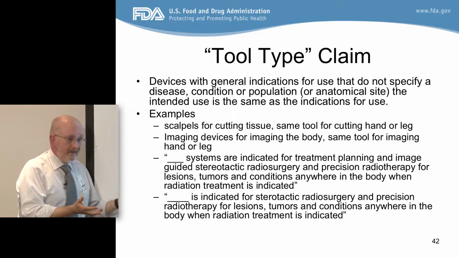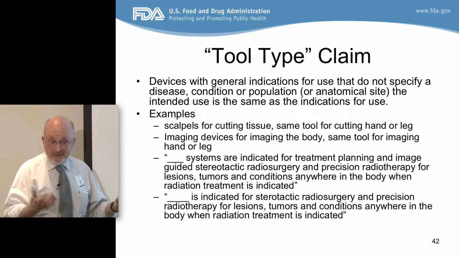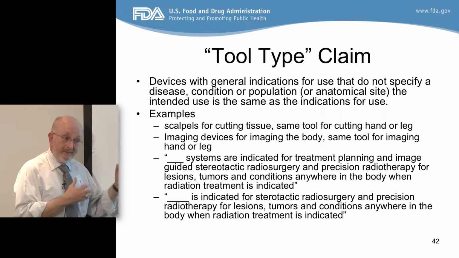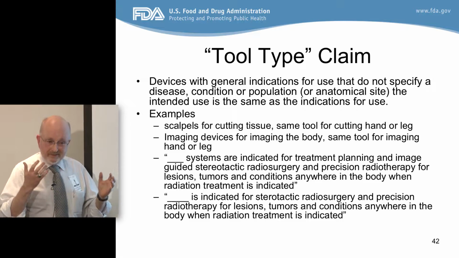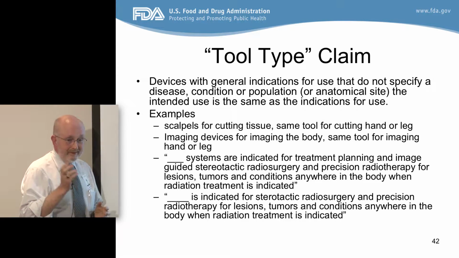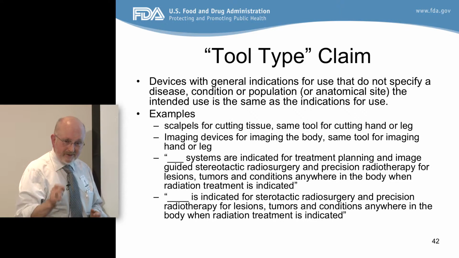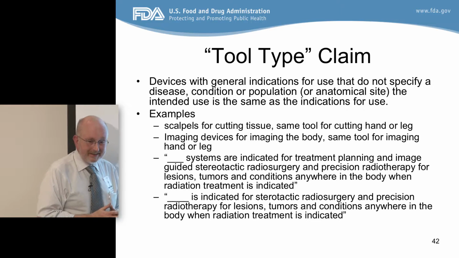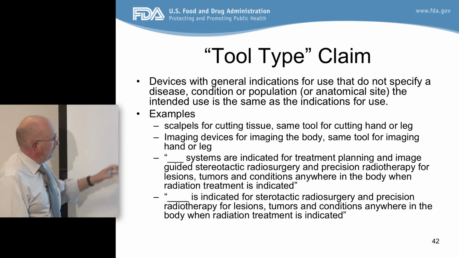NIH, when they've complained, and to be absolutely honest with you, the people at NIH who complained about our tool claim and our 510K was the radiation research program. I want to give Vic full credit for doing that. He's put me on the hot seat a couple of times with his complaints.